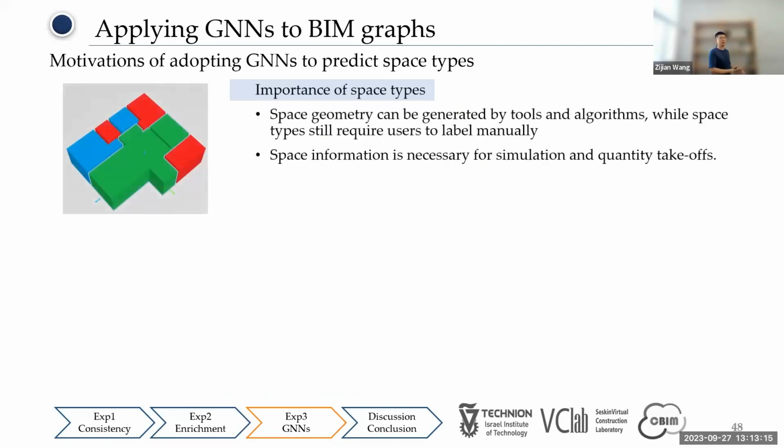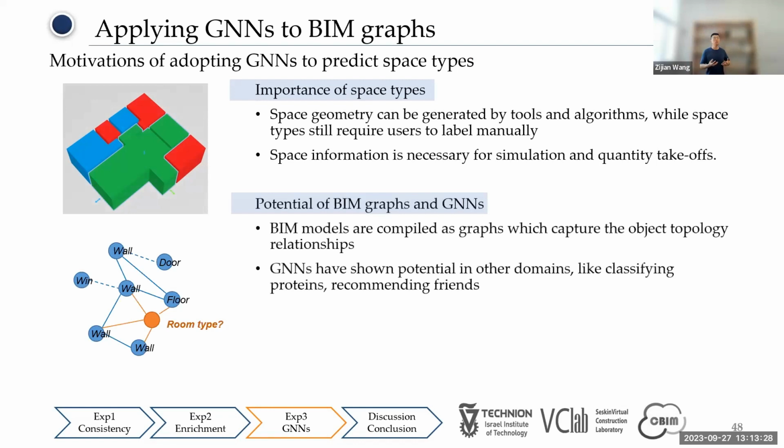In the current software, they can generate the space objects directly. However, it still requires users to manually label the type of the space. Additionally, we already use graphs to store the building information, and GNN, graph neural networks, one technology from the computer science deep learning domain, already shows great performance when processing some complicated tasks.